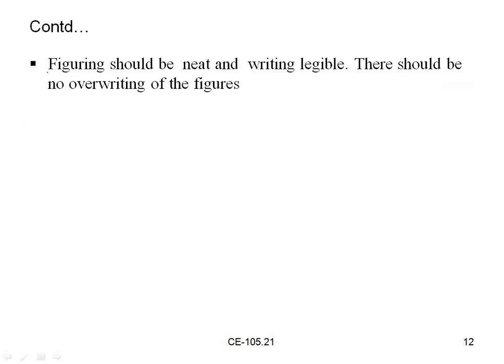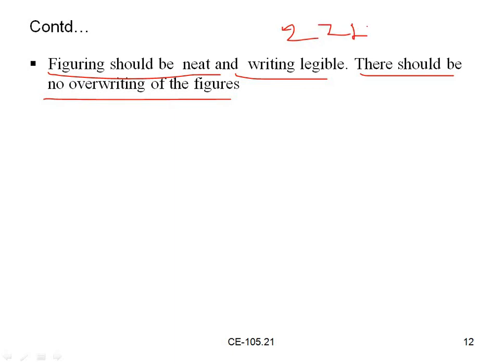Next, figuring should be neat and writing legible. There should be no overwriting of the figures. The figures and digits should be written very clearly. If 2 is there, you have to write 2 perfectly, not like a Z or something else.